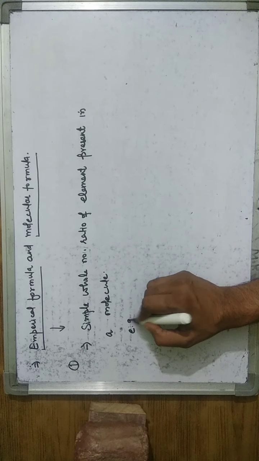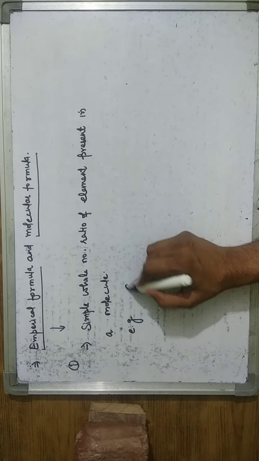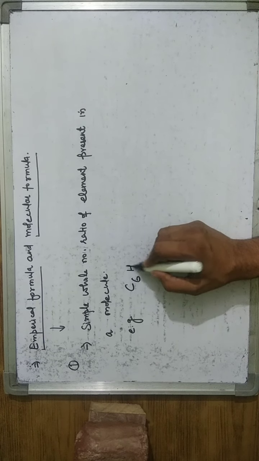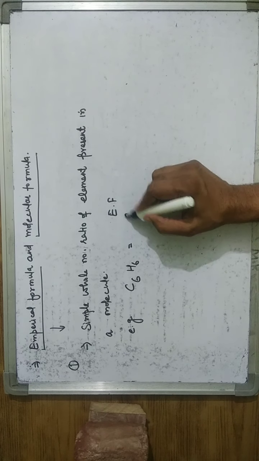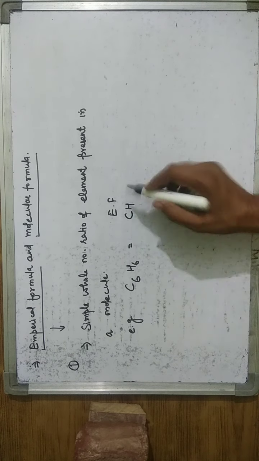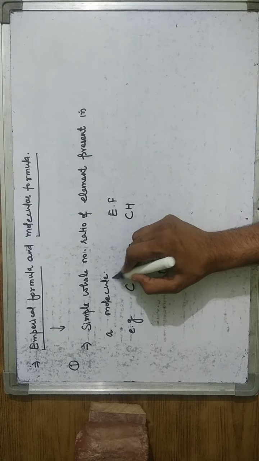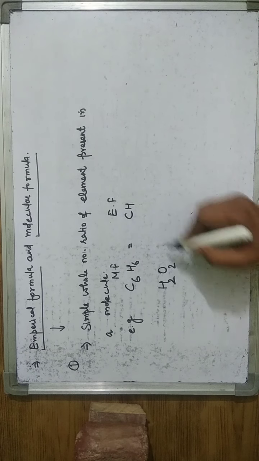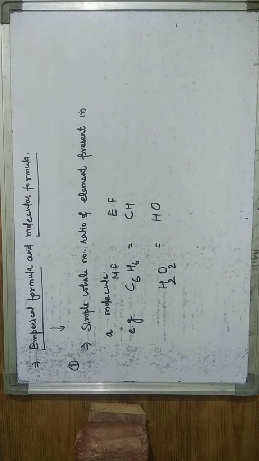For example, I want to find out the empirical formula of benzene. Molecular formula is C6H6, but empirical formula EF is CH. This is a simple ratio. Now hydrogen peroxide: molecular formula is H2O2 and empirical formula is HO.